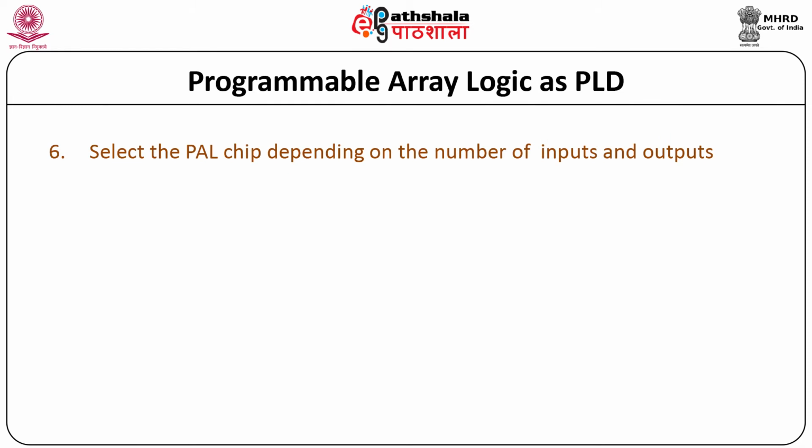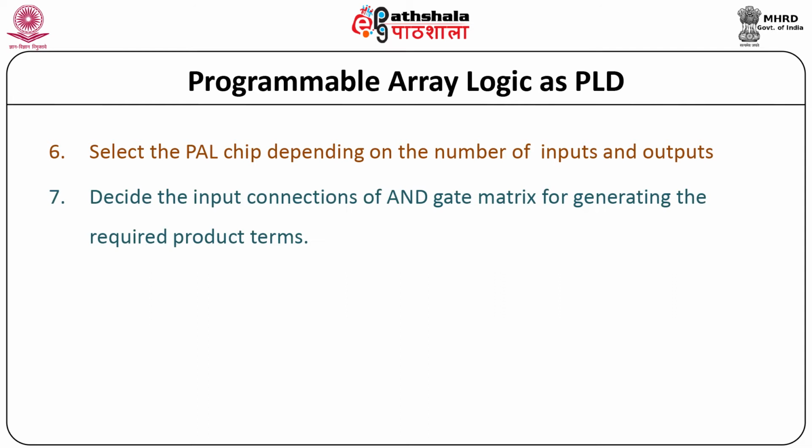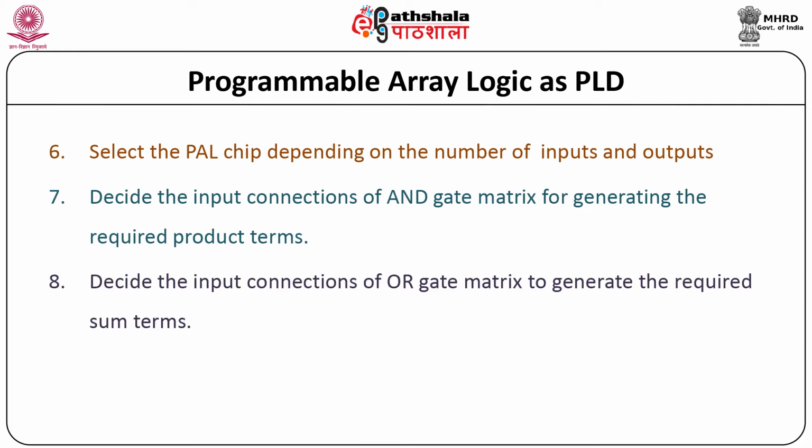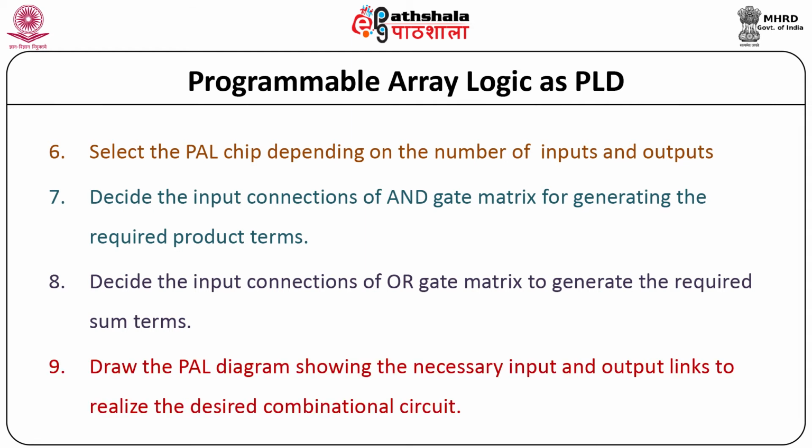Sixth, depending on the number of inputs, outputs and product terms present in the expression, select the PAL chip. Seventh, decide the input connections of AND gate matrix for generating the required product terms. Eighth, decide the input connections of OR gate matrix to generate the required sum terms. Ninth, draw the PAL diagram showing the necessary input output links to realize the desired combinational circuit.